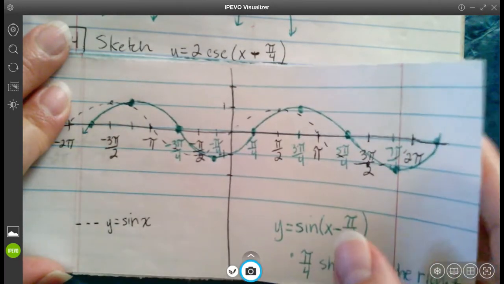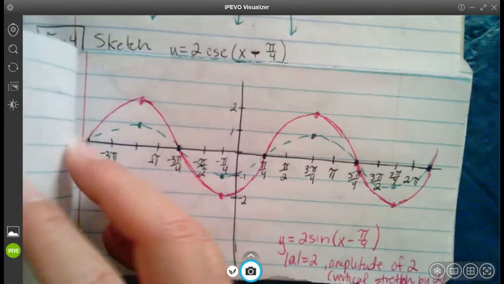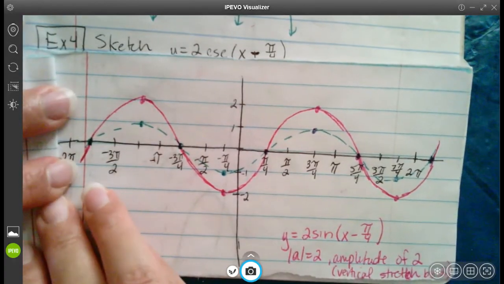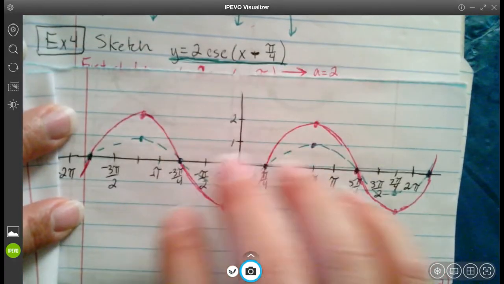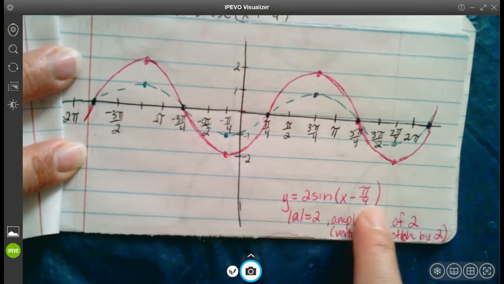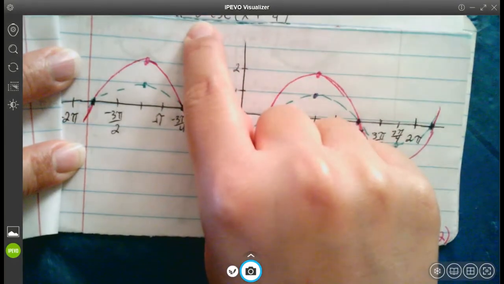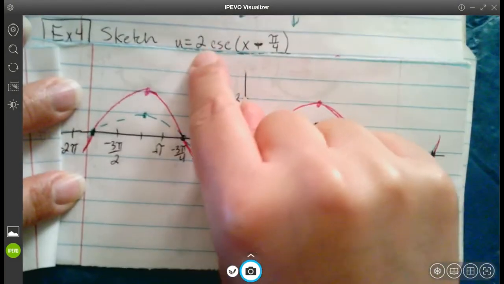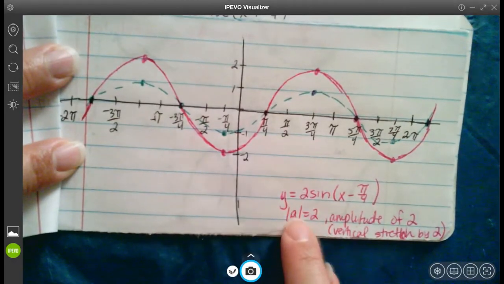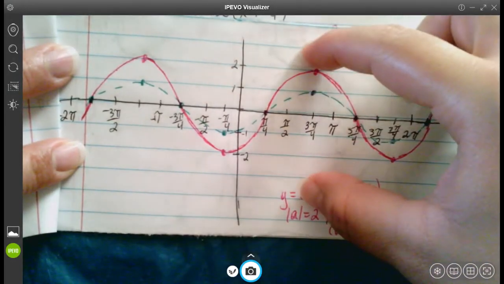Then I went ahead and added something else to it. On my next little page here, like I said, cool little booklet here, I did 2 sine of x minus pi fourths. So now I'm going to put in that 2. And we know that a 2 in the front is an amplitude of 2, which means it's a vertical stretch by 2.